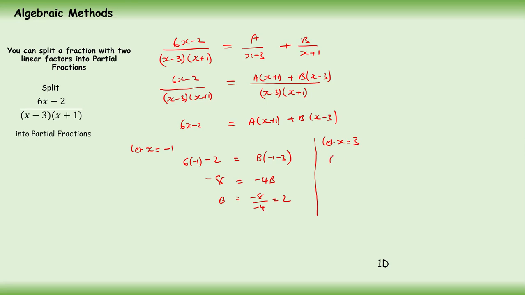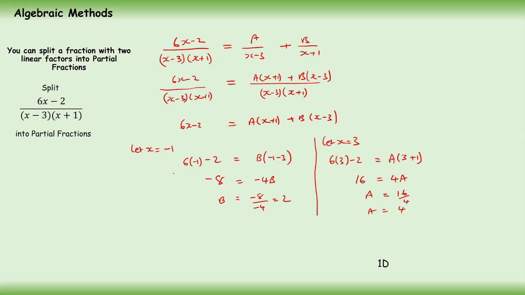So that means I've got 6 times 3 minus 2 is equal to A times (3 plus 1). So 6 times 3 is 18, minus 2, 16, is equal to 4A. That means A is equal to 16 divided by 4, so A equals 4.